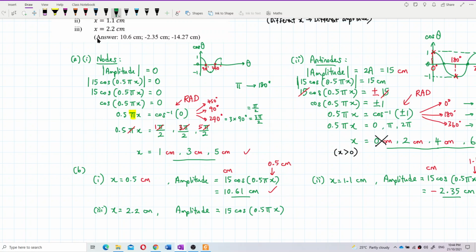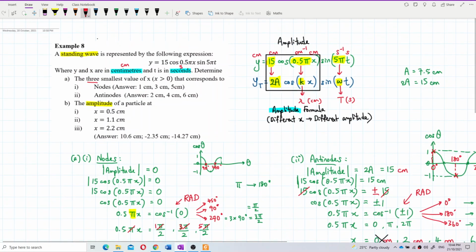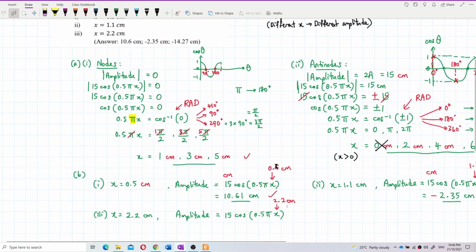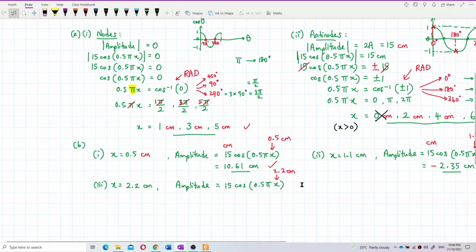Substitute the x with 2.2 centimeter. No need to change to meter because x is in centimeter. The 15 is also in centimeter, so you later get the amplitude in centimeter.